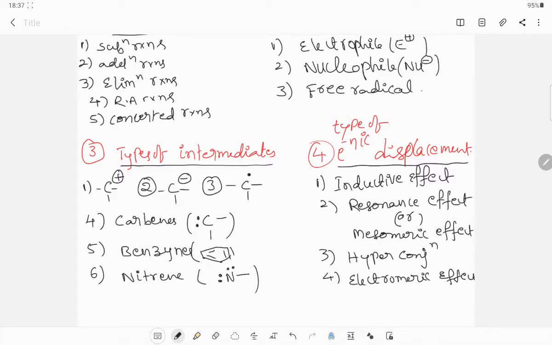These are the four types of electronic displacements we can observe in a reaction.